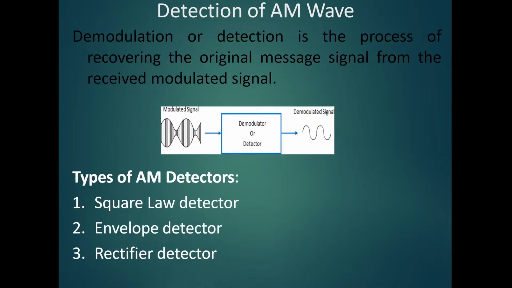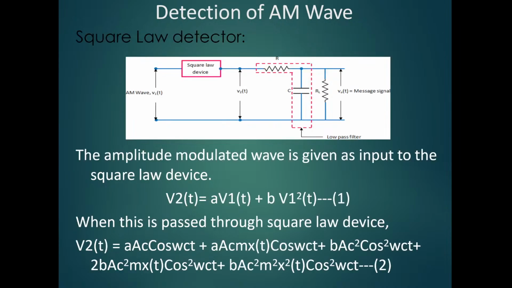Now, next is nothing but detection of our AM. There are basically three types of detectors: the square law detector, the envelope detector, and the rectifier detector. A square law modulator is a low level amplitude modulator. Similarly, a square law detector will also be a low level amplitude detector.